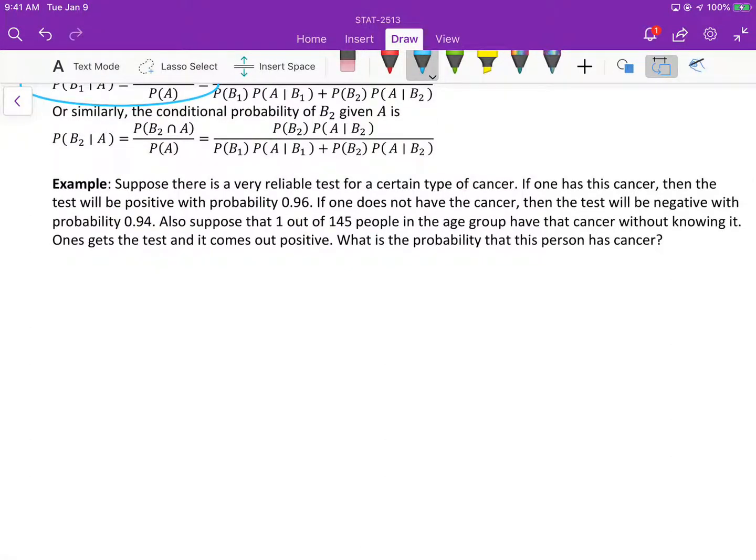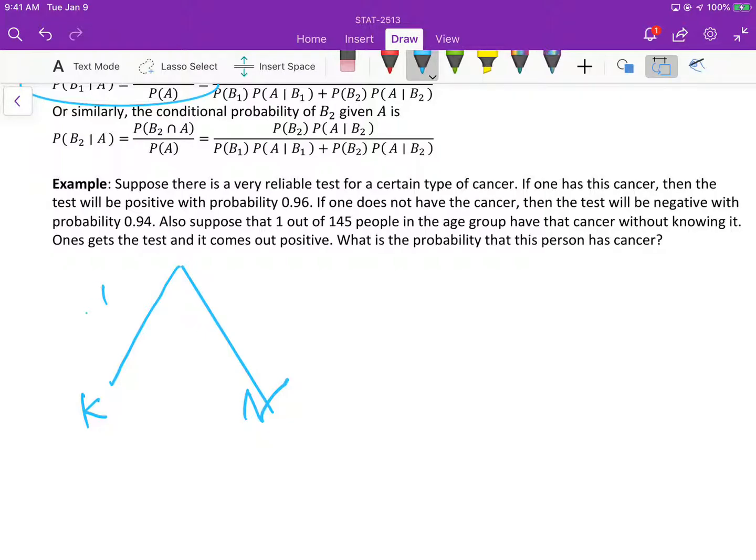So let's draw a diagram. It can be cancer and no cancer. According to the problem, one out of 145 people in the age group have cancer.